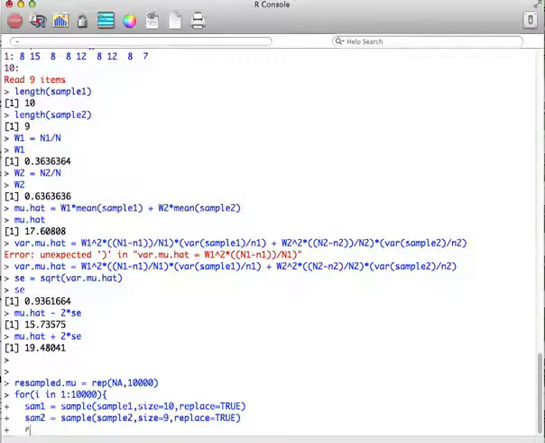And finally, I'll take that resampled mu that I made. Up here I initialized 10,000 slots all with NAs in them. But now I'm going to fill them in one at a time. And I'm going to use the old formula. It's going to be W1 times the mean of sam1, plus W2 times the mean of sample 2.